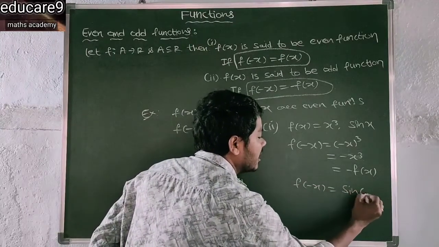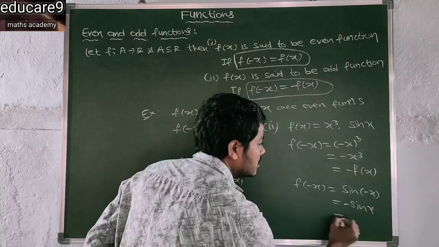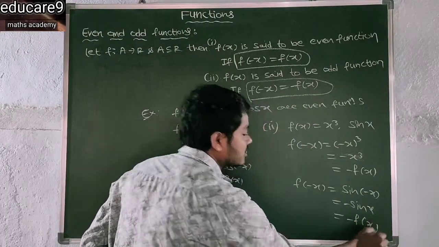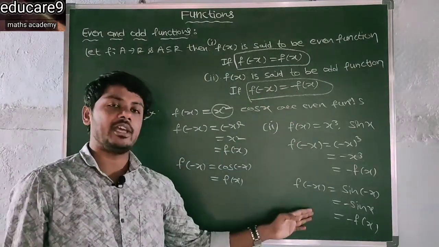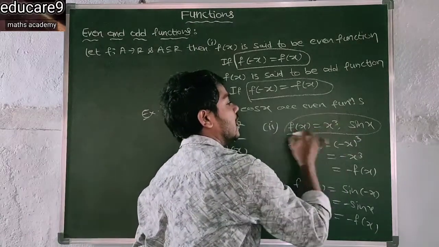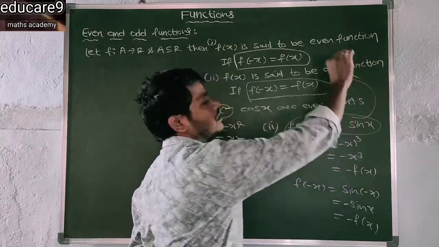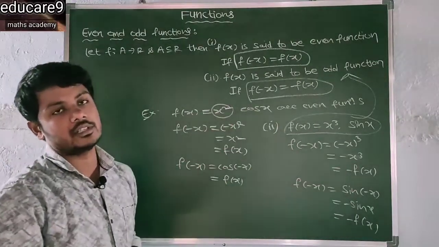You get sin of minus x, this is minus sin x. This is minus f of x. If f of minus x is equal to minus f of x, then in that case the given functions are odd functions. So these are the examples of even and odd functions.